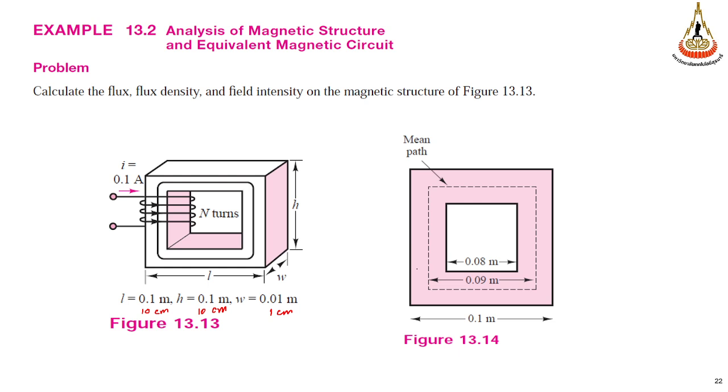And H is similar, here is also 0.1, so this is also 0.09 for this part. So the total length will be 0.09 plus 0.09 plus 0.09 plus 0.09 for the magnetic path, here.